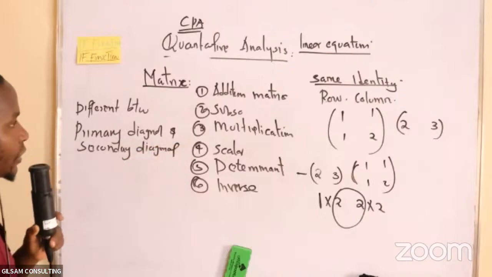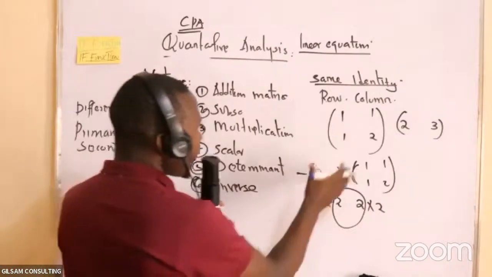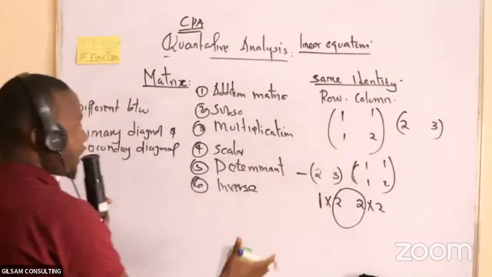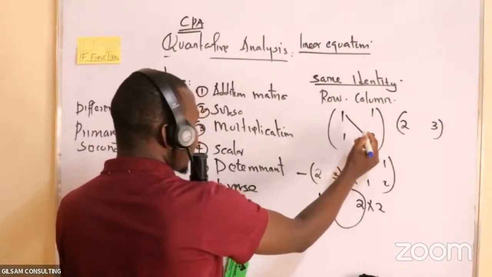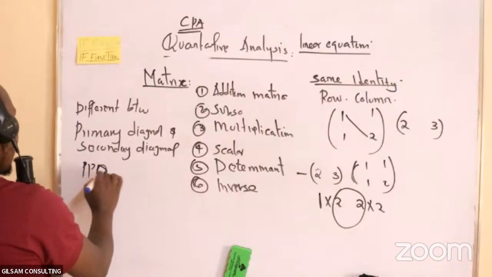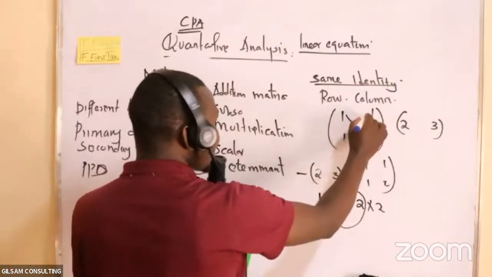So in this case, for example, this matrix. This is the primary diagonal we are talking about, and this is the secondary diagonal.